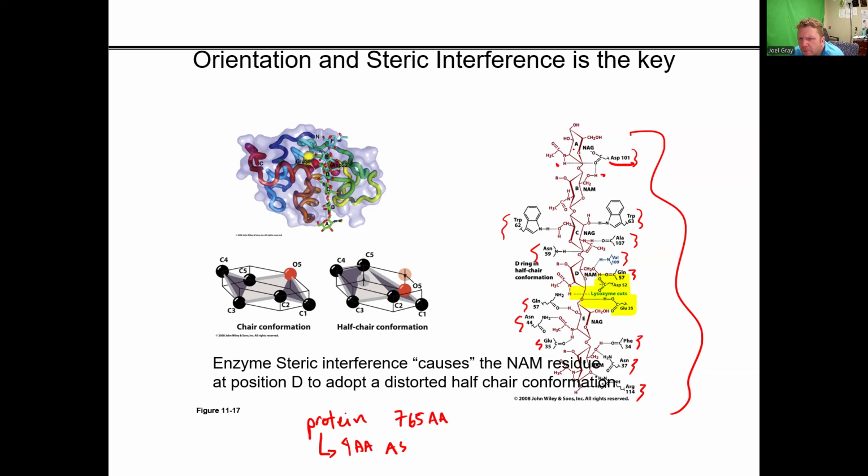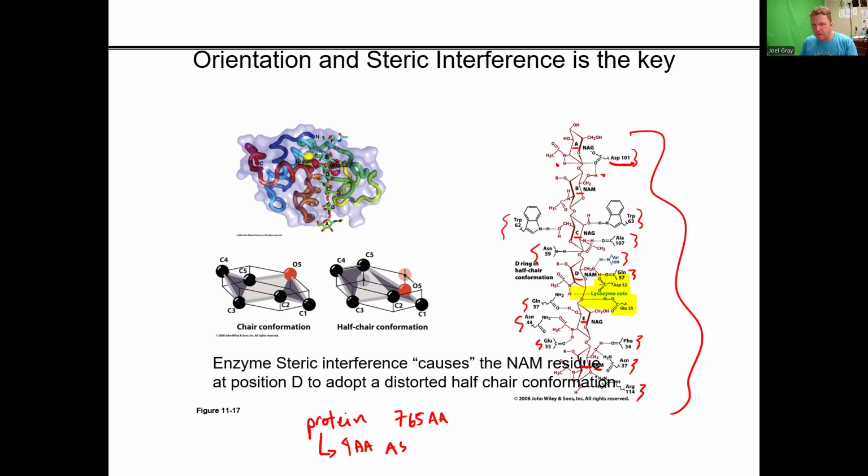Now, with that in mind, there's also a pattern here: NAG, NAM, NAG, NAM, NAG, and then this last one that's kind of obstructed is NAM. The way that I always think about this is we've got that peptidoglycan polysaccharide, that really long sugar, and it has to start somewhere.